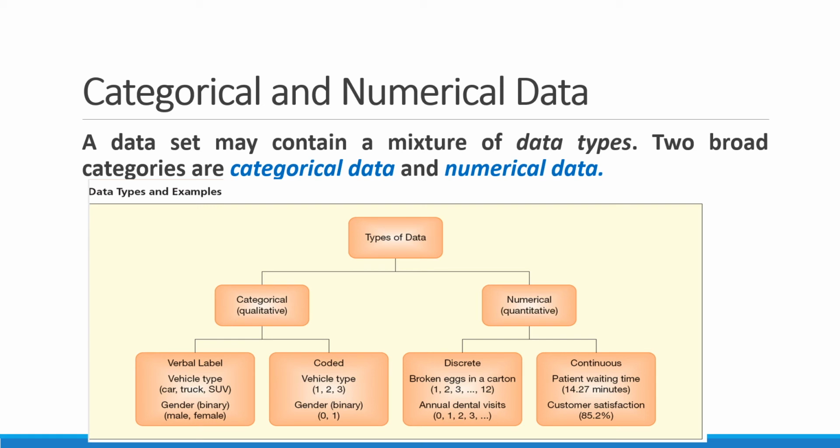Sometimes, to facilitate dealing with the categorical variables inside the data set, instead of using verbal labels, we may code these variables. For example, in gender, instead of defining the value as male or female, we may insert 1 and 2. 1 refers to male and 2 refers to female.